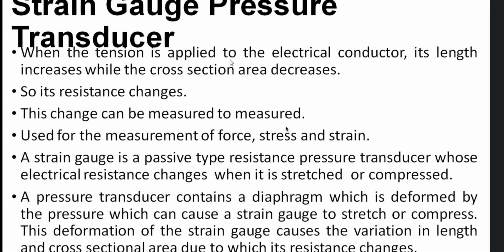LVDT and strain gauge both come under one experiment, and that experiment number is, I think, 12 or 10. The details about the LVDT and strain gauge are there in the lab manual also. All of you go through the slide.